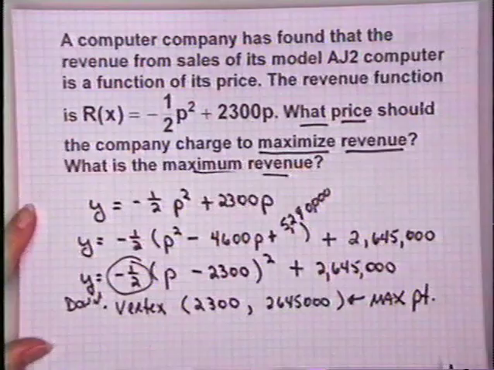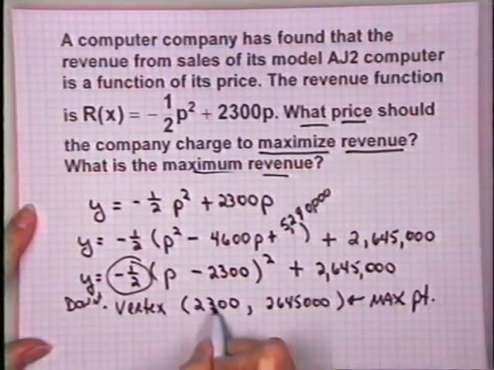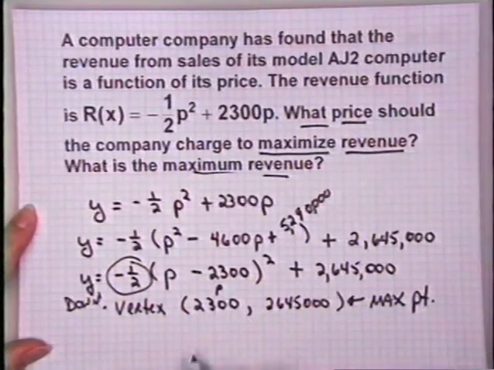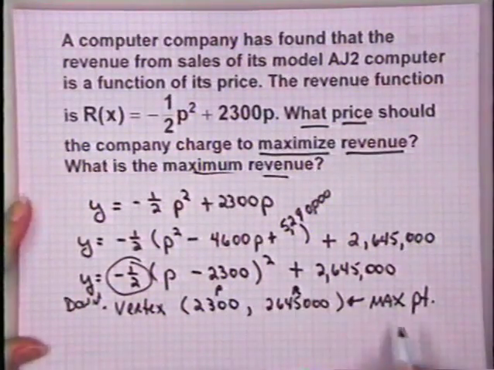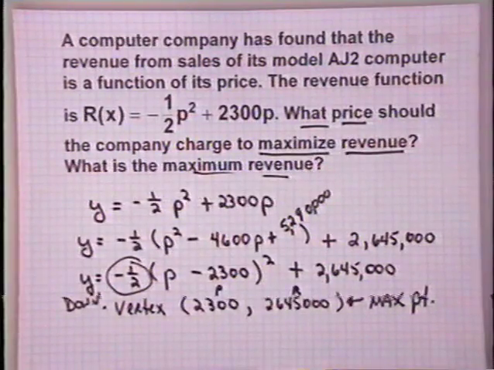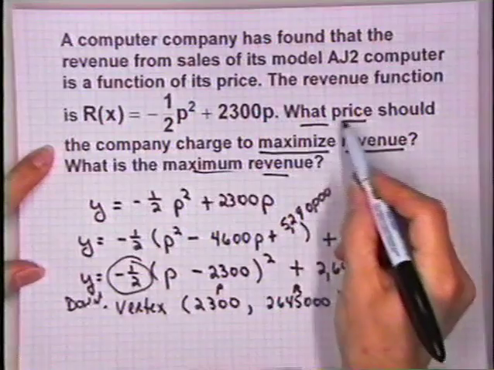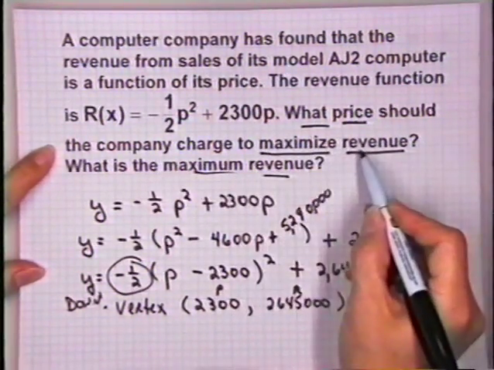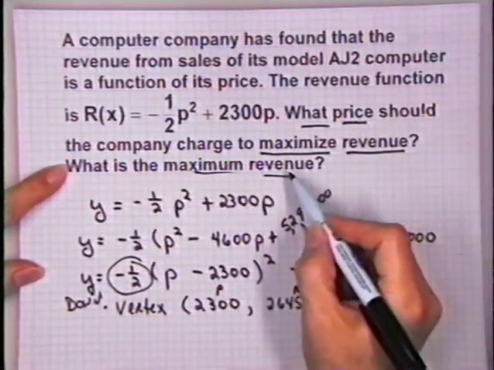Now keep in mind, in this ordered pair, this number right here is with p. That's like x used to be. So here's p, and this number is going to be my revenue. Remember, we let y stand for revenue. So let's go back and answer the question. What price should the company charge to maximize revenue, and what is the maximum revenue?